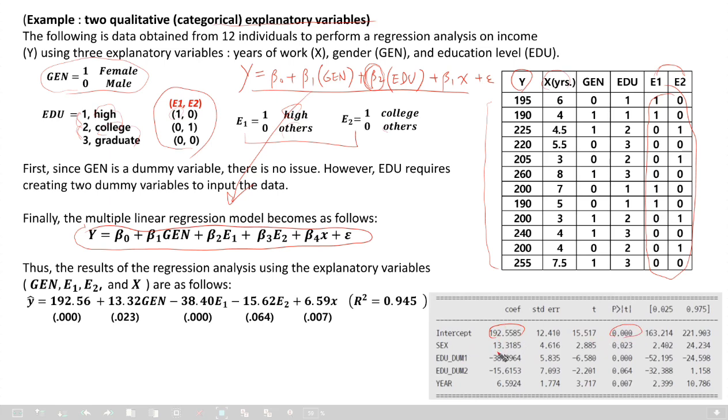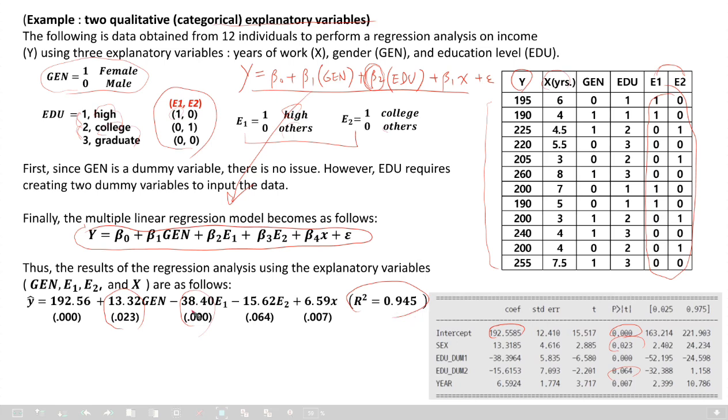Gender 13.32, p-value 0.023. E1 minus 38.40, p-value 0.00. E2 minus 15.62, p-value 0.064. X 6.56, p-value 0.007. R-square is very high, 94.5%. Everything all right?